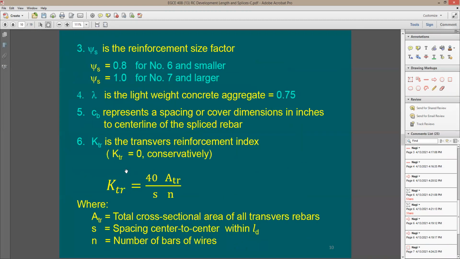And then it says here, just use it equal to 0. But you have an equation for it. It depends on the amount of transverse reinforcement, the number of bars, and the whole thing. So for this course, and also whenever you're doing a design, just take this KTR to be equal to 0.